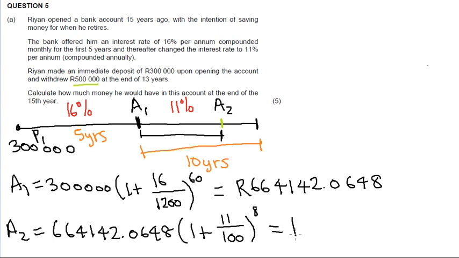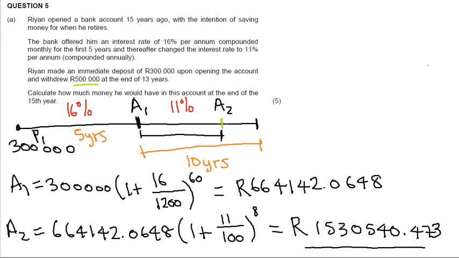And on the calculator, this gives me an amount of 1,530,540.473. That takes me up to here.